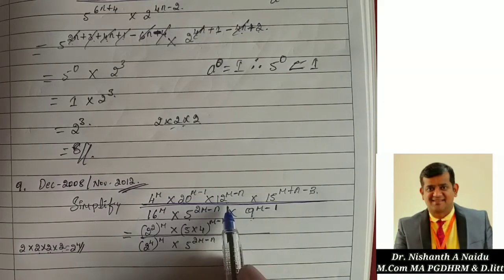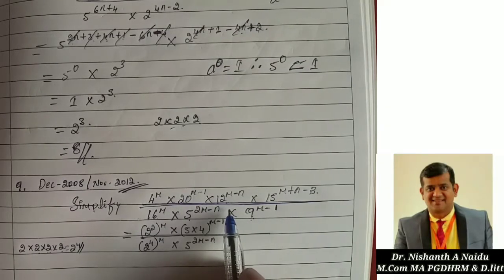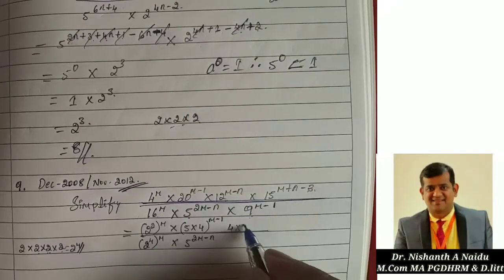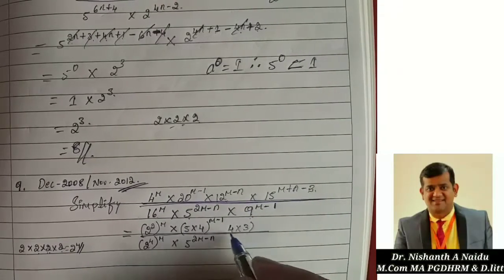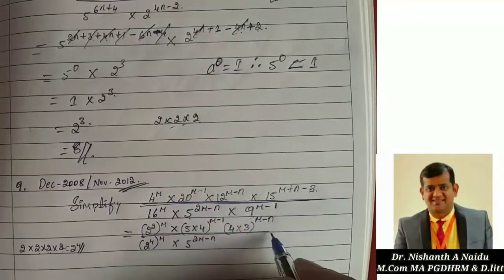Anything is fine, 3 4s are 12 or 4 3s are 12. So I am taking 4 into 3, 4 3s are 12 to the power m minus n.